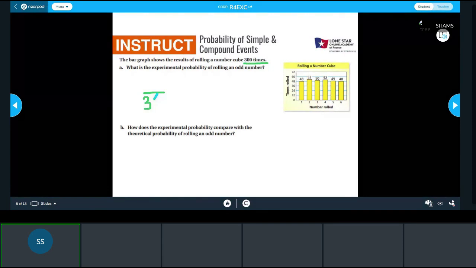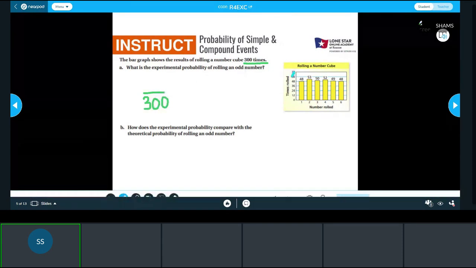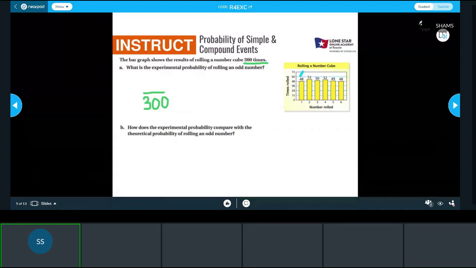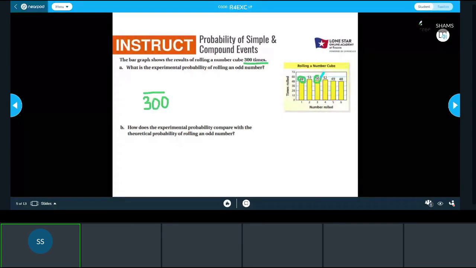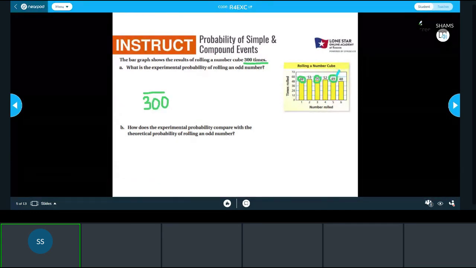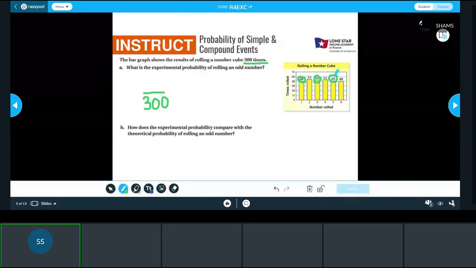Rolling an odd number: 1 is an odd number, and the chance of rolling a 1 is 48. 3 is another odd number, and the chance of rolling a 3 is 50. The third odd number is 5, and the chance of rolling a 5 is 49.